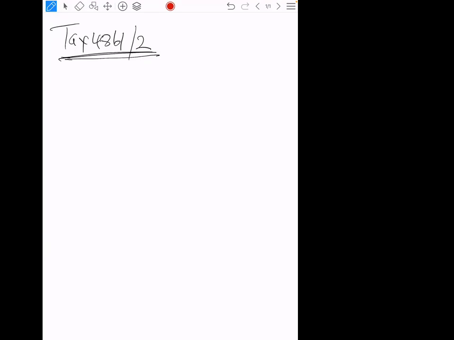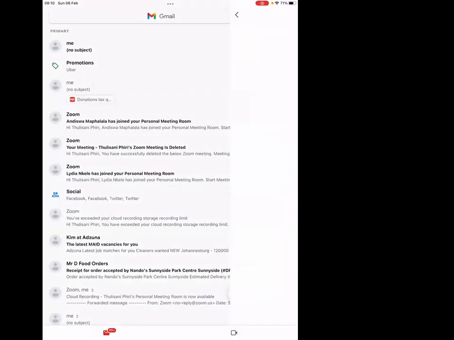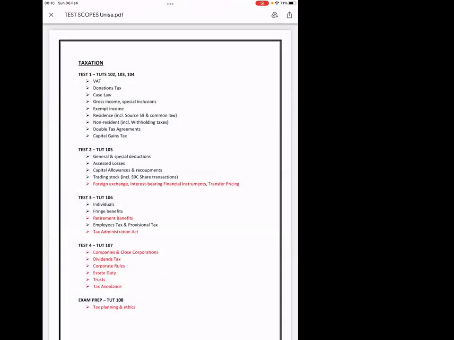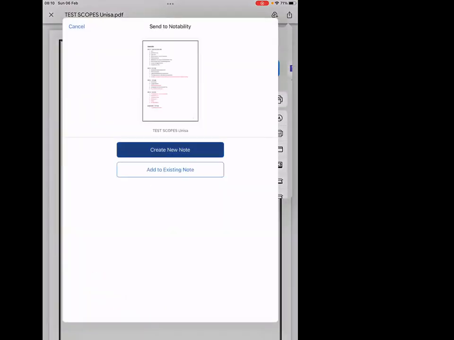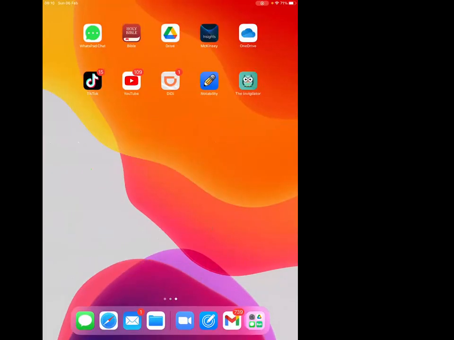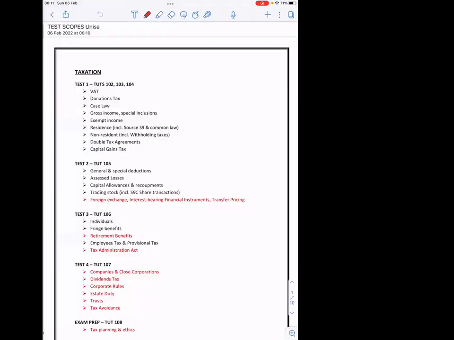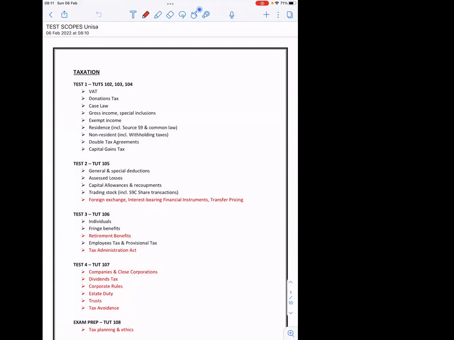Let me share the topics that we must cover for the purposes of this test, so that as we go along, you will make sure that I did not leave out anything. Here are the topics for test 1. The material that you should go through is in tutorial 102, 103, and 104. So that's the stuff that we should go through.